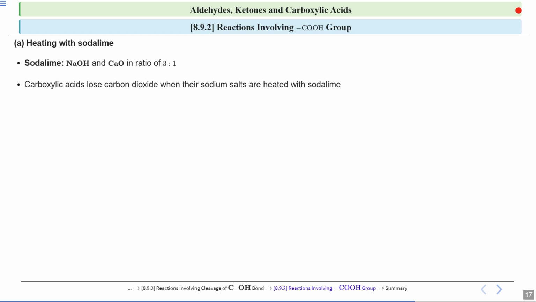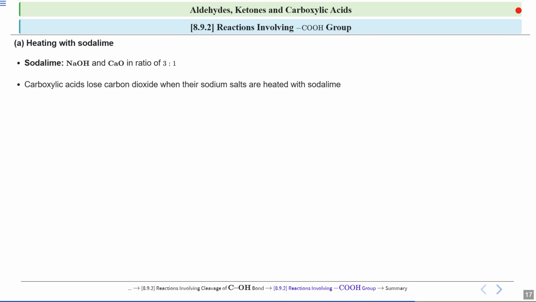First, the carboxylic acid is converted to its sodium salt. On heating with soda lime, the COONa group is removed as Na2CO3. The organic R part gets converted into RH, which is an alkane.